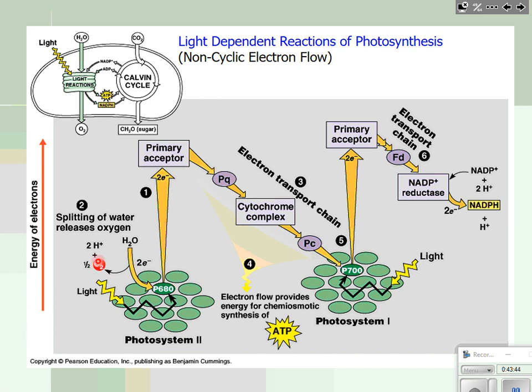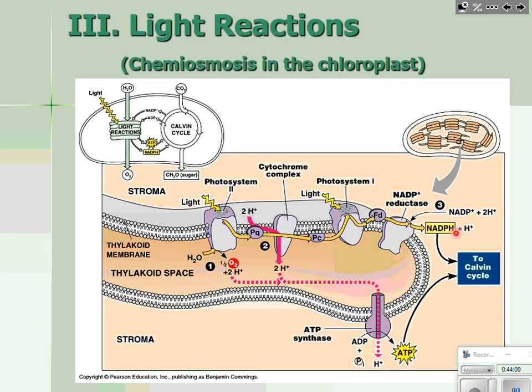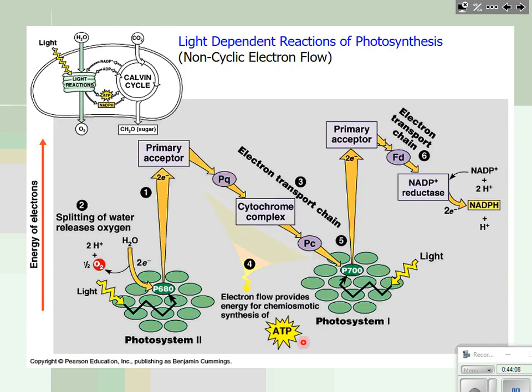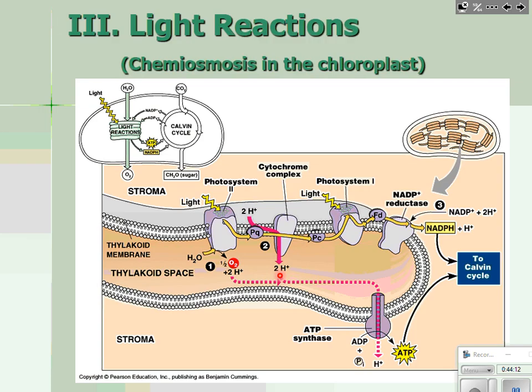They are oxygen, ATP, and NADPH. And of those 3, the 2 that are needed in the Calvin cycle are going to be ATP and NADPH. Okay, let's take a closer look at how the ATP is made, how these ATP molecules are made in the light-dependent reactions.